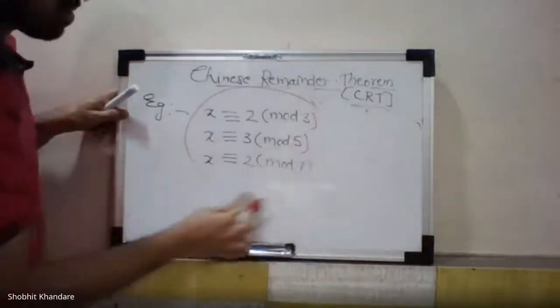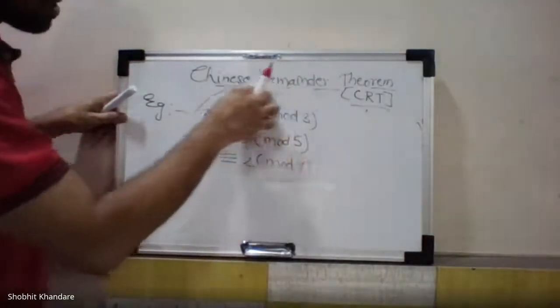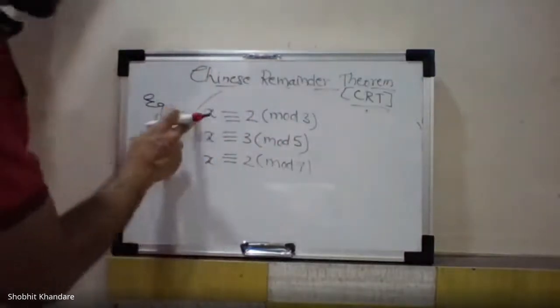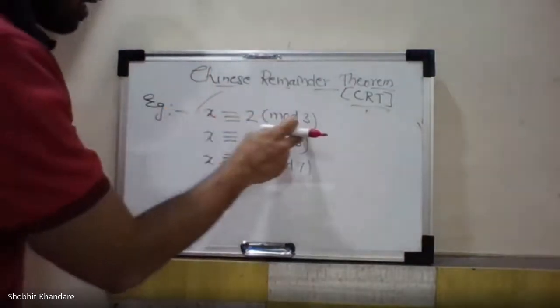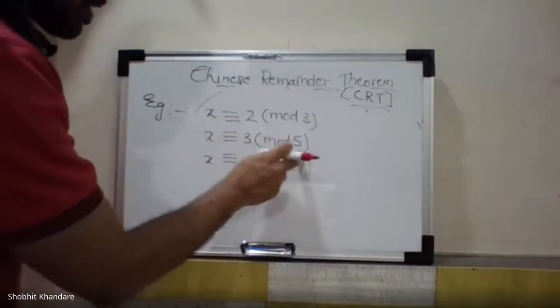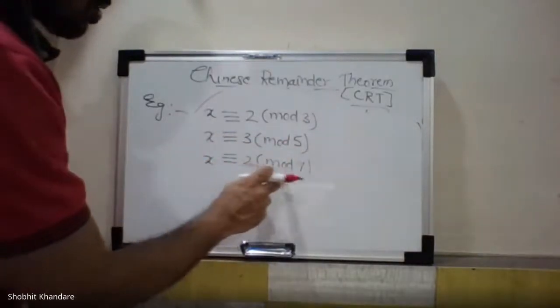Now see the meaning of this. Pay attention. This is important. X congruent to 2 mod 3. X congruent to 3 mod 5. X congruent to 2 mod 7.